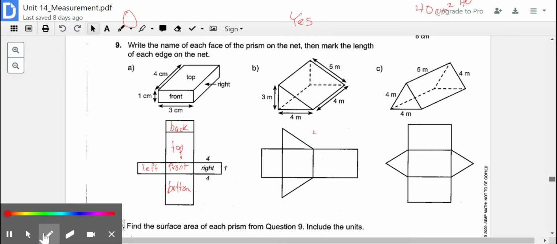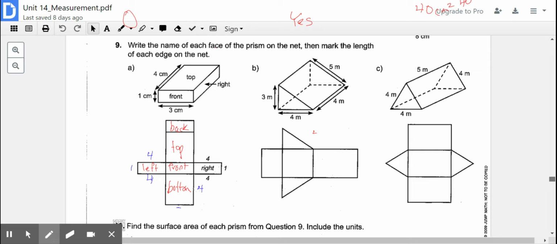The next step is to write the measurements as they have done here. So the right side, they said, is 1 by 4, which means the left side is also 1 by 4. Okay? It means that the bottom and the top are going to be the same, and they are 3 by 4.